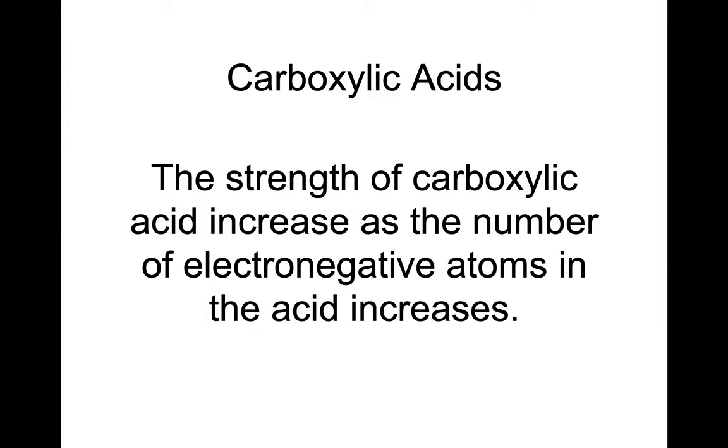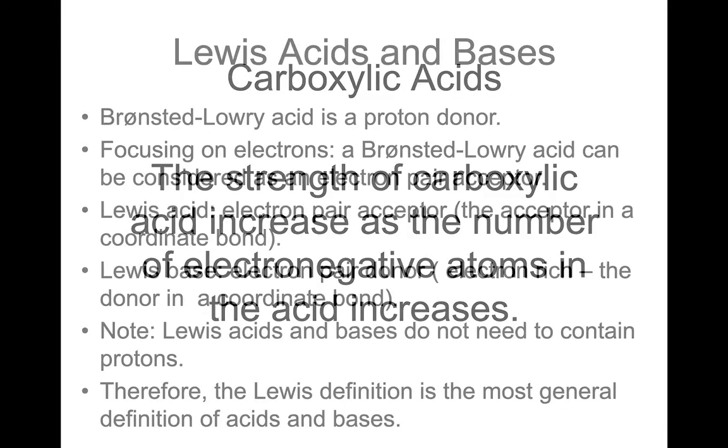The strength of this type of acid will increase as the number of electronegative atoms in the acid increases. So these can become very large, long chains, and as we add additional electronegative atoms, the strength of the acid increases.